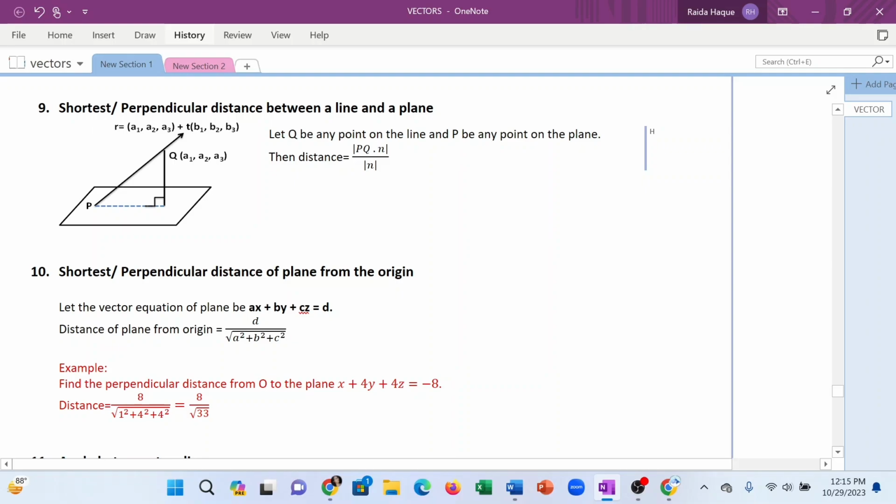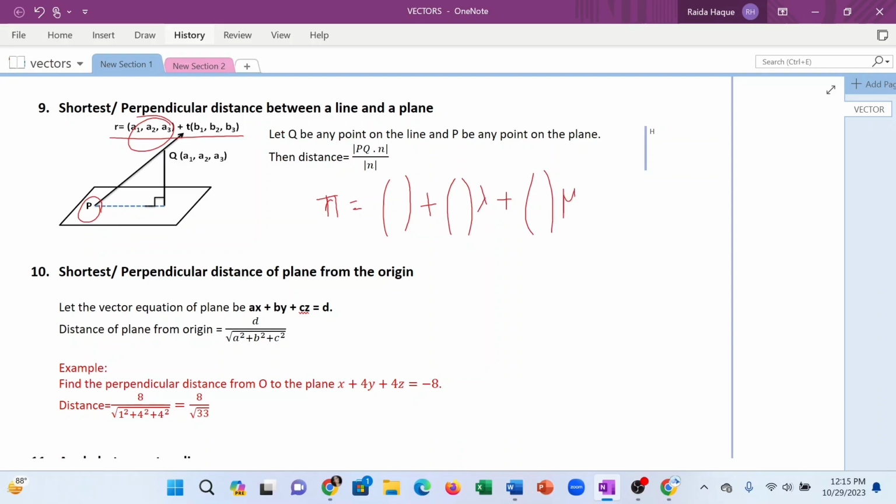So in the equation of the line, you already have the position vector of 1 point, which is this point, right? So consider that to be Q, simple, and then you can consider a point P which is on the plane, find that point out. If the equation of the plane is given in this form, so plane is equal to position vector of 1 point plus the direction vector of a line on the plane plus the direction vector of another line on the plane.